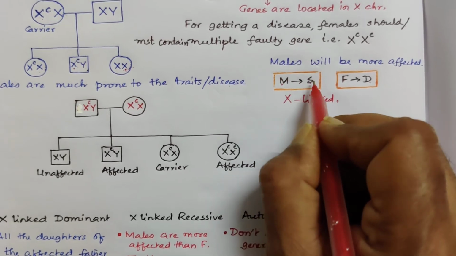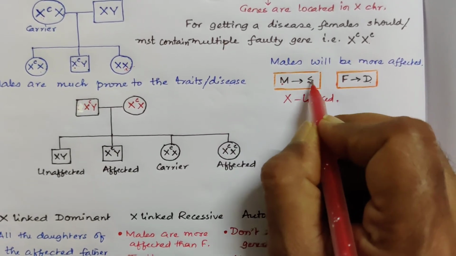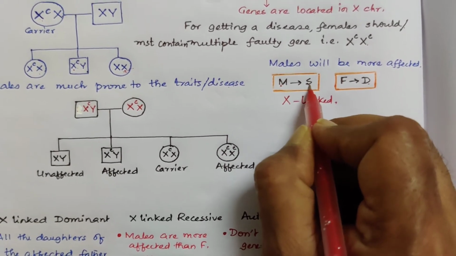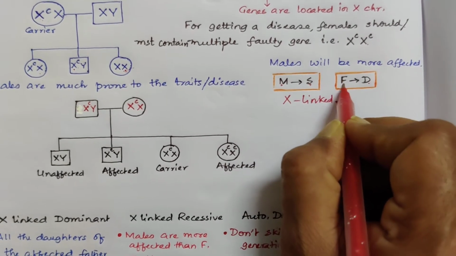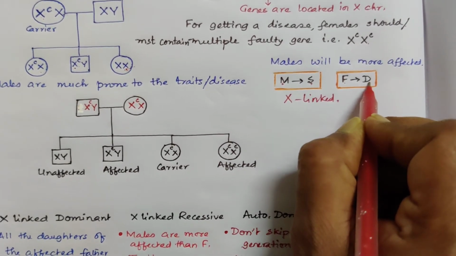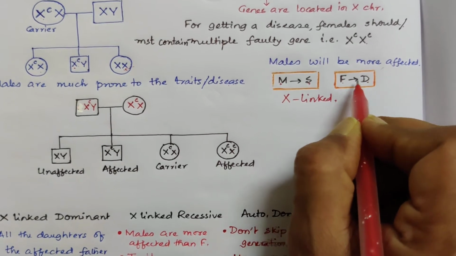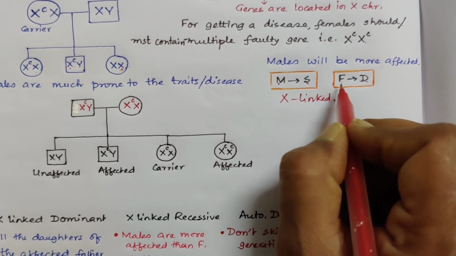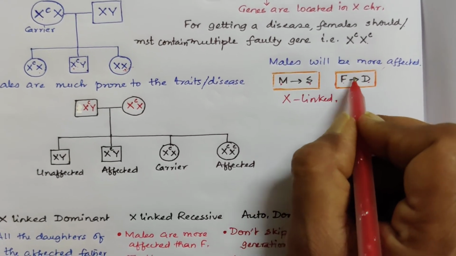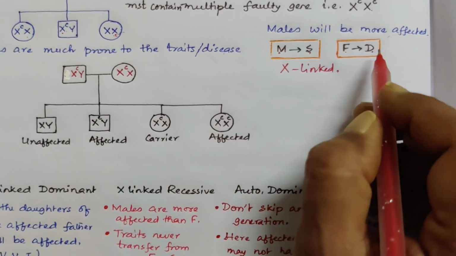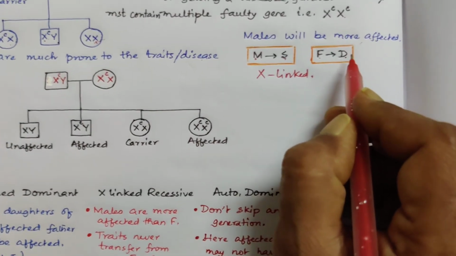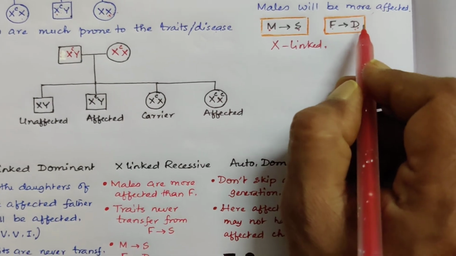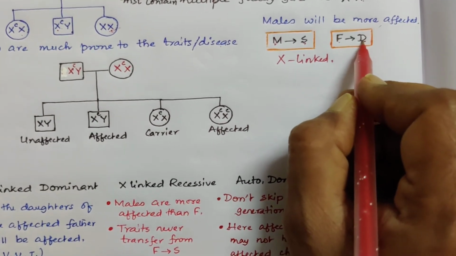Mother's X chromosome passes to the son because the son gets Y chromosome from his father, and father's X chromosome comes to the daughter, though the daughter also gets another X chromosome from the mother. But if the father is affected and he provides the defective X chromosome to the daughter, she may become diseased.